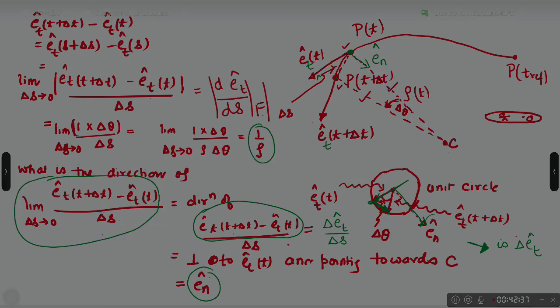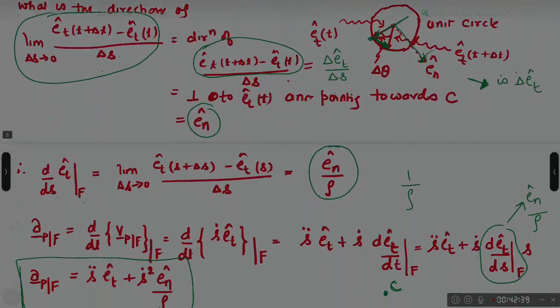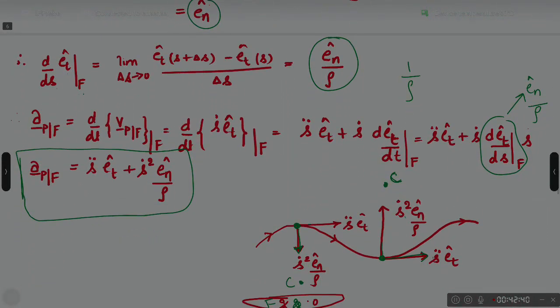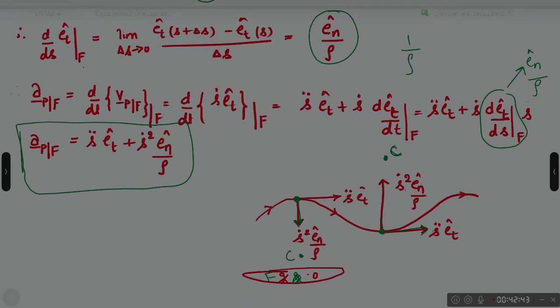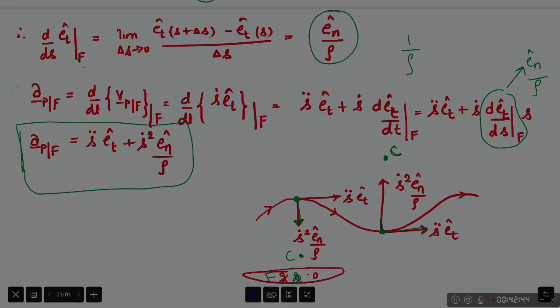Okay, so by this time I have enough information to confidently write the expression for this vector, det ds. This must be what I have written here. This vector is along En, and its magnitude is 1 by rho.